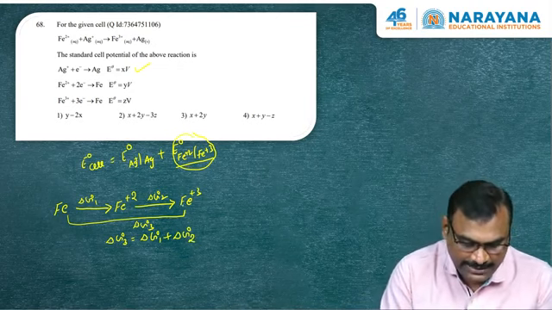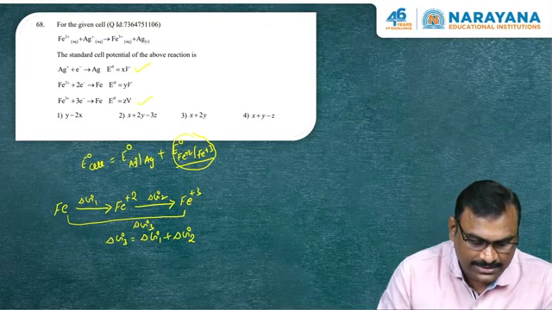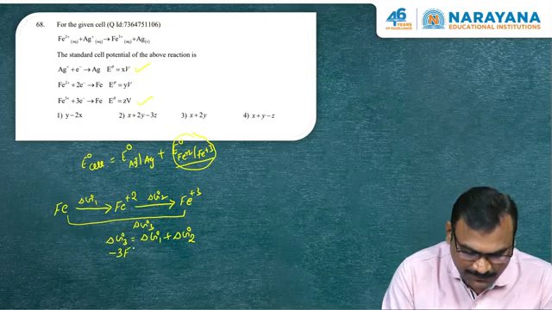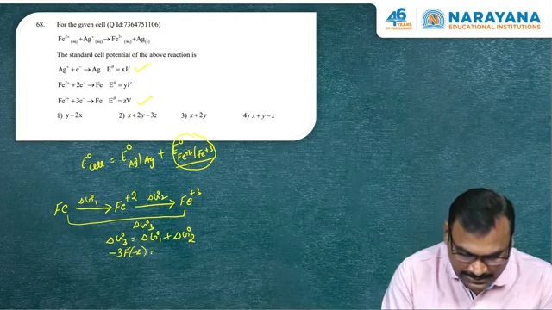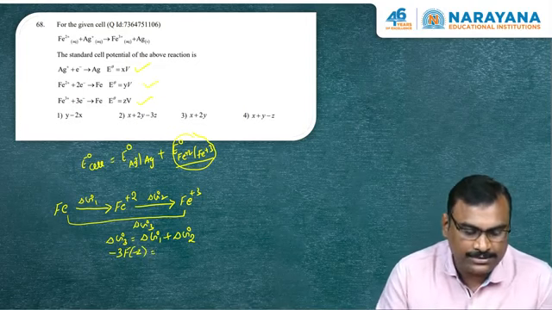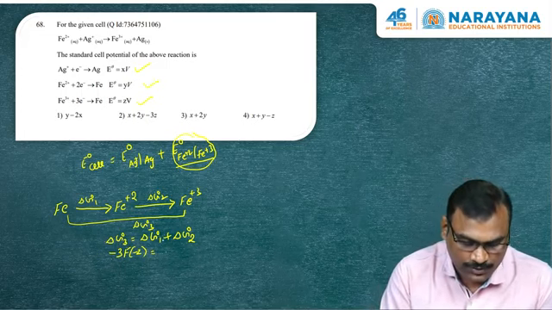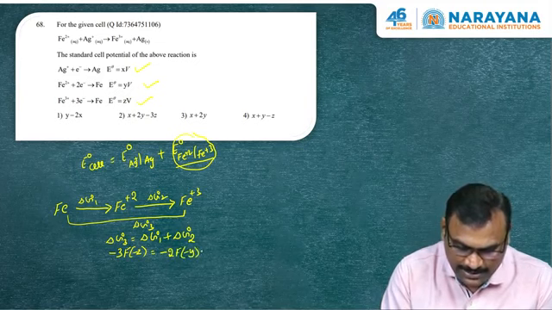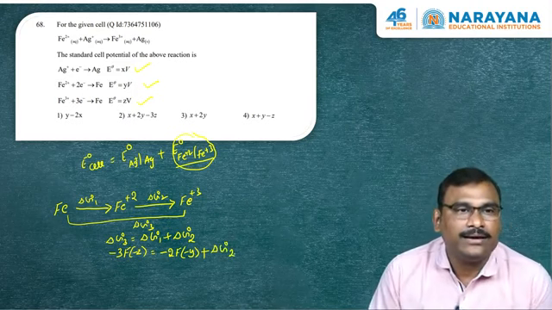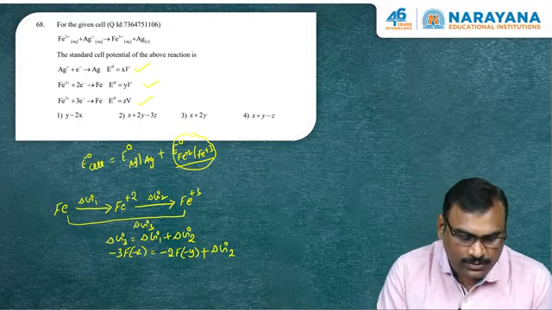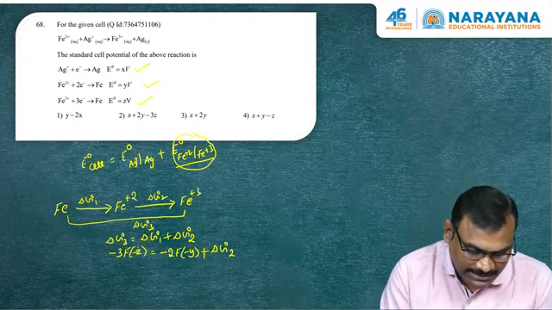So delta G naught 3, Fe to Fe3+, they gave as Fe3+ to Fe as Z, that is minus 3F times minus Z volts, is equal to delta G naught 1, Fe to Fe2+, again the reduction potential was given as Y, so that is minus 2F times minus Y, plus delta G naught 2. Since Fe2+ to Fe and Fe3+ to Fe are reduction potentials, here we wrote it as oxidation, that's why I changed the sign.